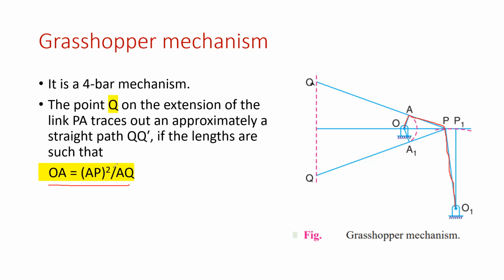Okay, again mathematical proof is there for it, which we don't need to go into. Okay, so OA, this crank length, which will generally have the oscillatory motion. Okay, it will oscillate between these two positions, OA to OA1.